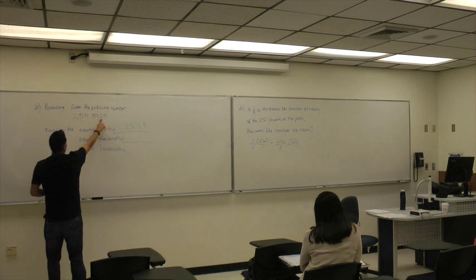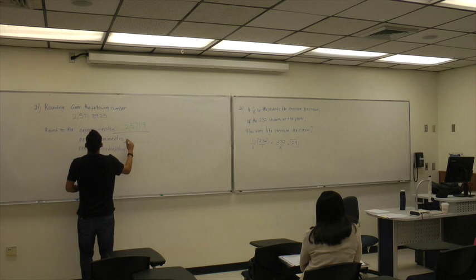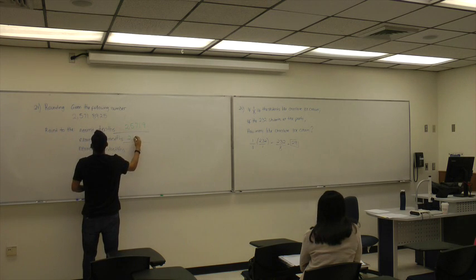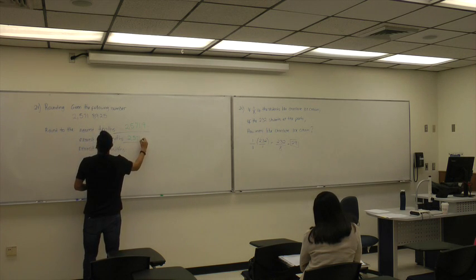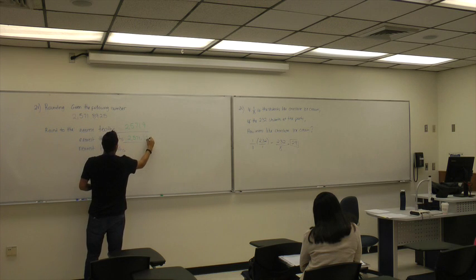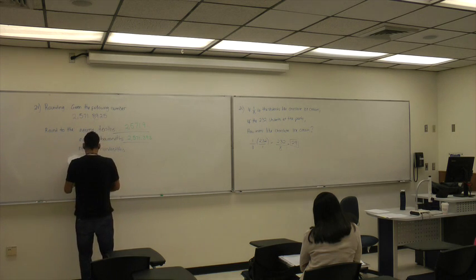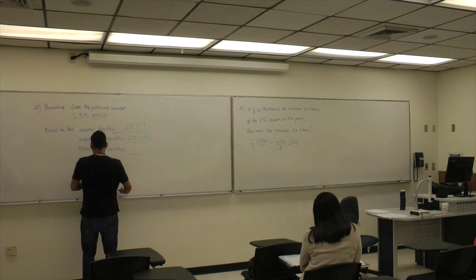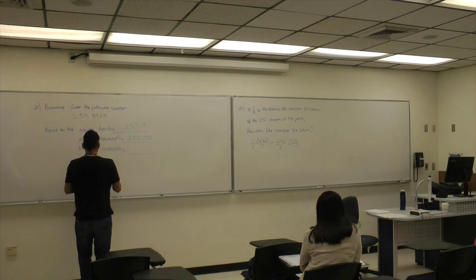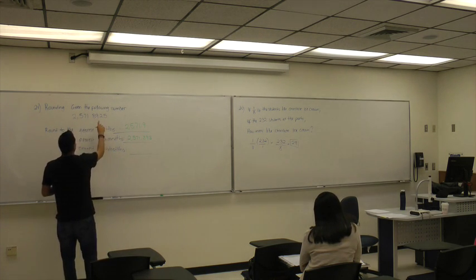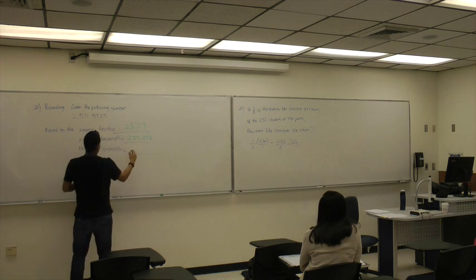So it'd be 3. So that would be 3, right? So it would be 2,571.893. Alright, and the last one, we're rounding to the hundreds. So that would be what? 9. 9, right? Is that going to change it? No. Nope, so it's just going to stay there, right?